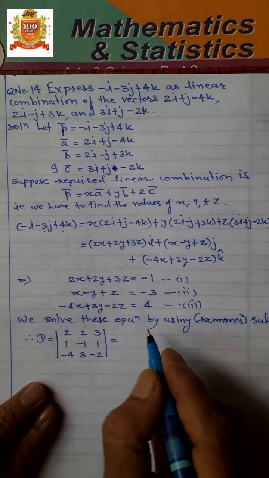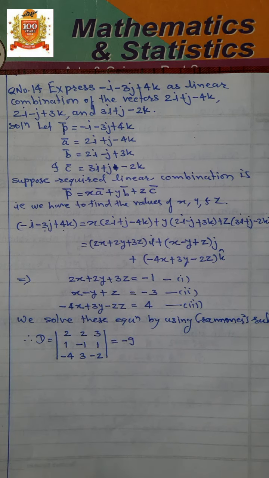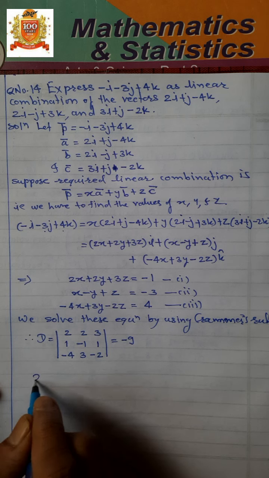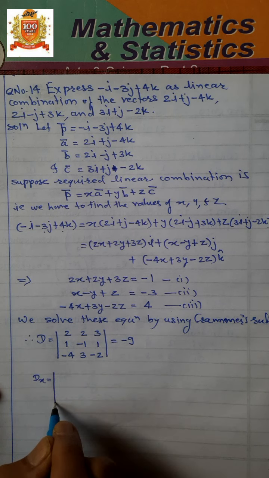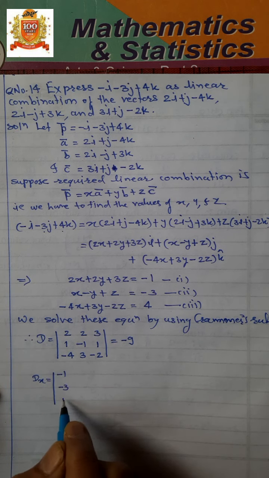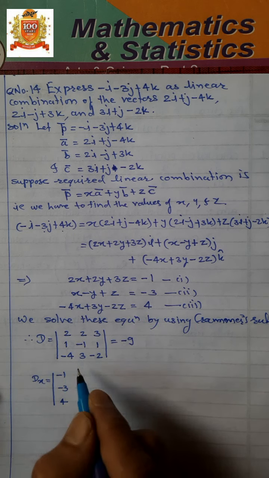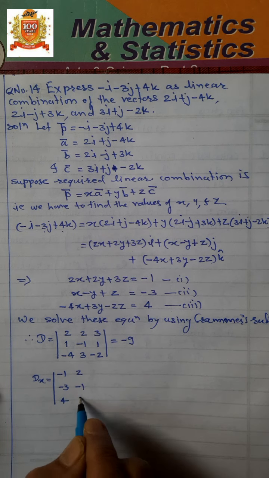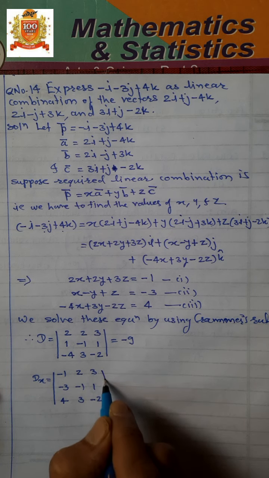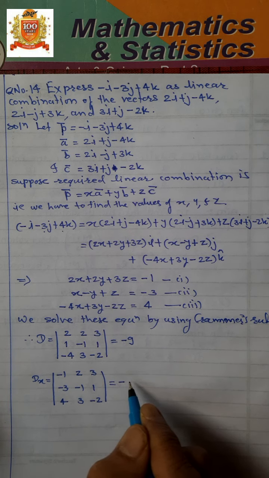After solving this determinant, you will get the value minus 9. You know how to solve this determinant, isn't it? I will not solve it. Dx is equal to the determinant minus 1, minus 3, 4; 2, minus 1, 3; 3, 1, minus 2. After solving this determinant, you will get the value minus 18.